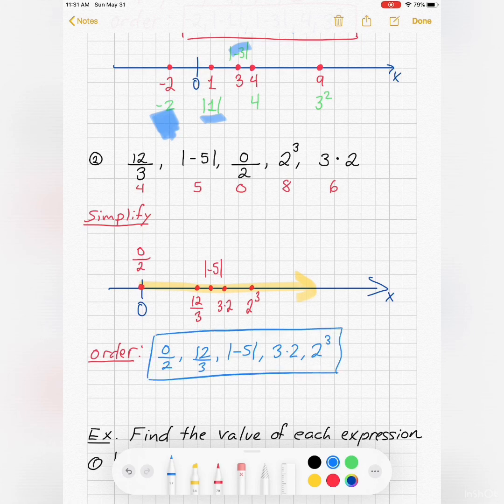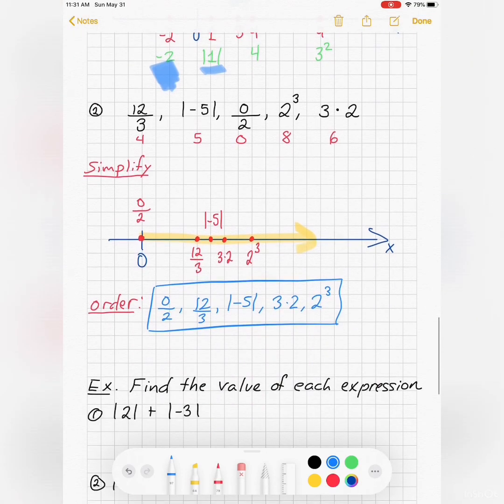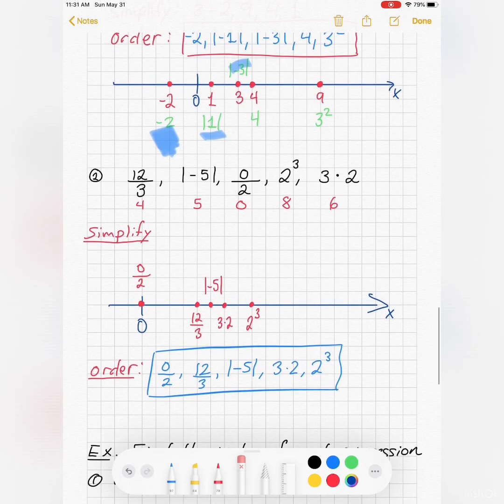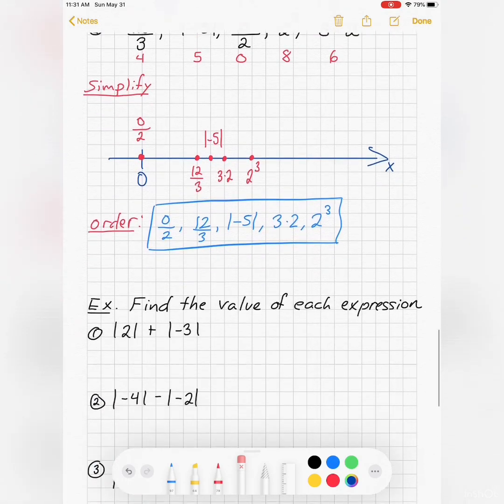So I've placed those numbers in order from smallest to largest. Make sure all of that is included in your notes.